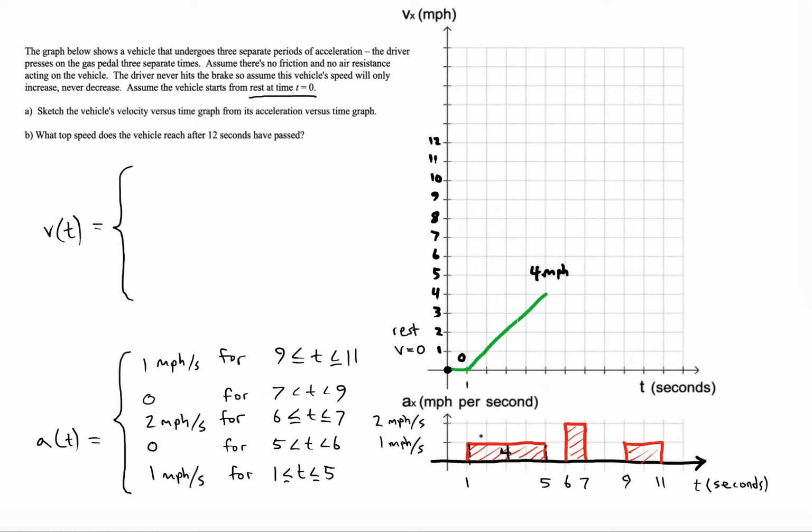And as you can see, it is an antiderivative of the graph below. Like a graph whose slope is the graph below. Alright, then what's going to happen from there? At that point, we're going to hold the 4 miles per hour steady, because there's no gas being given at that time. So you're going to stay at constant velocity for a while.